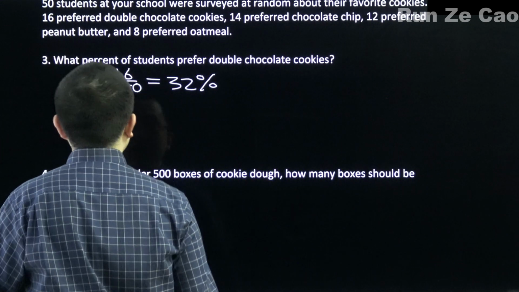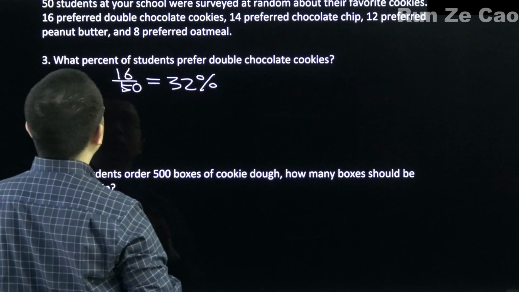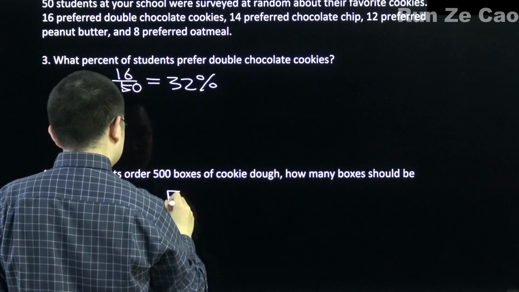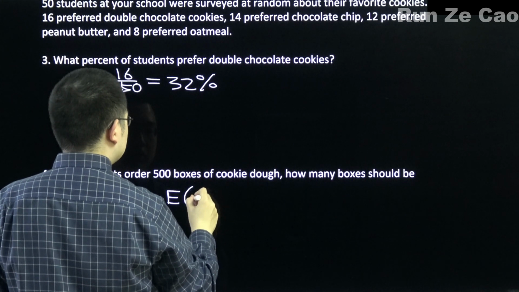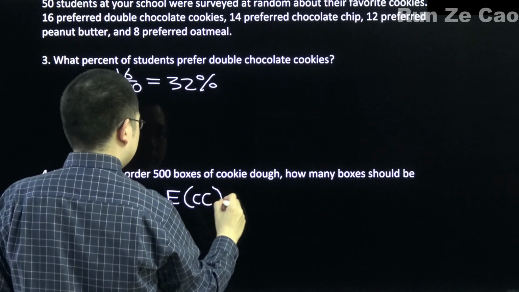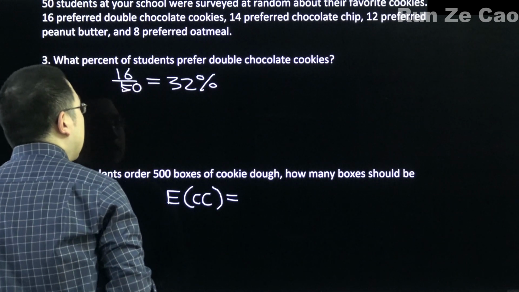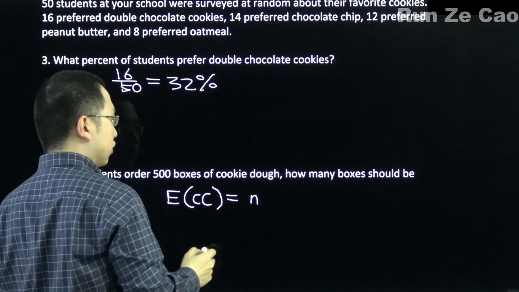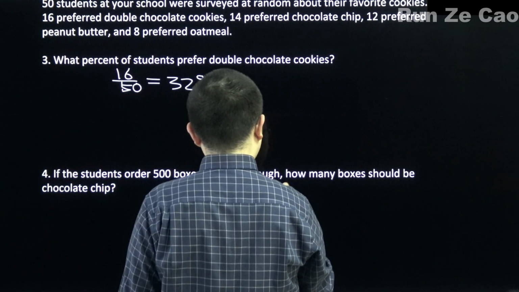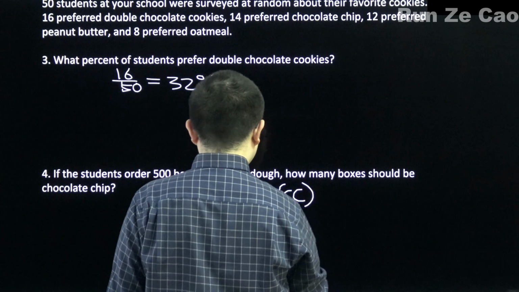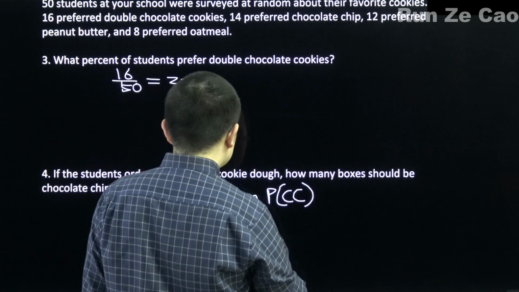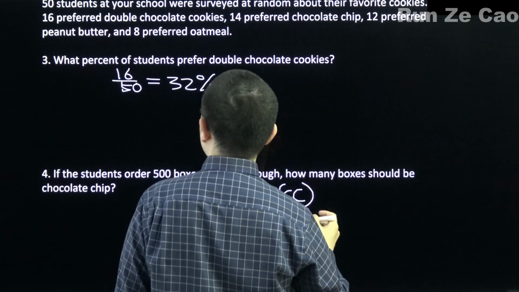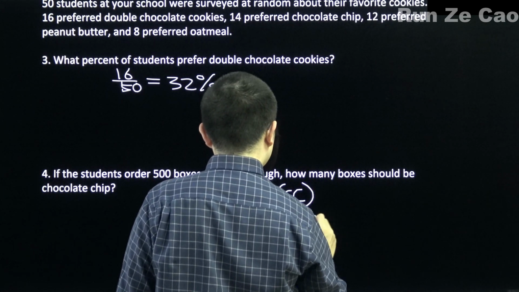Well, 14 over 50 were chocolate chip, so you're talking about expectations for chocolate chip, which is equal to the total number of things, in this case boxes of cookie dough, multiplied by the probability of chocolate chip being preferred, which is going to be 500 times 14 over 50.